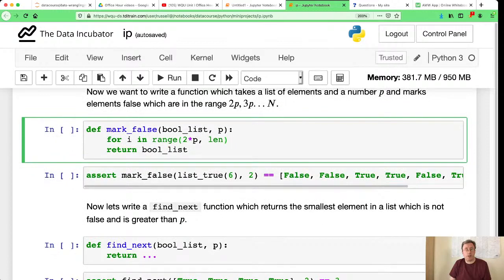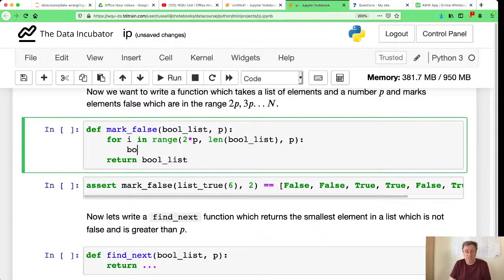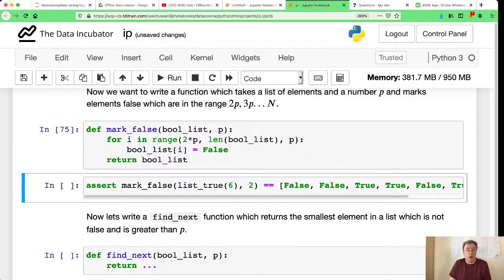Well, I could kind of give you the answer here, right? I go up to the length of the Boolean list. I go in steps of size p. I mark the element at this index to be false. Right, so I start at value 2p.